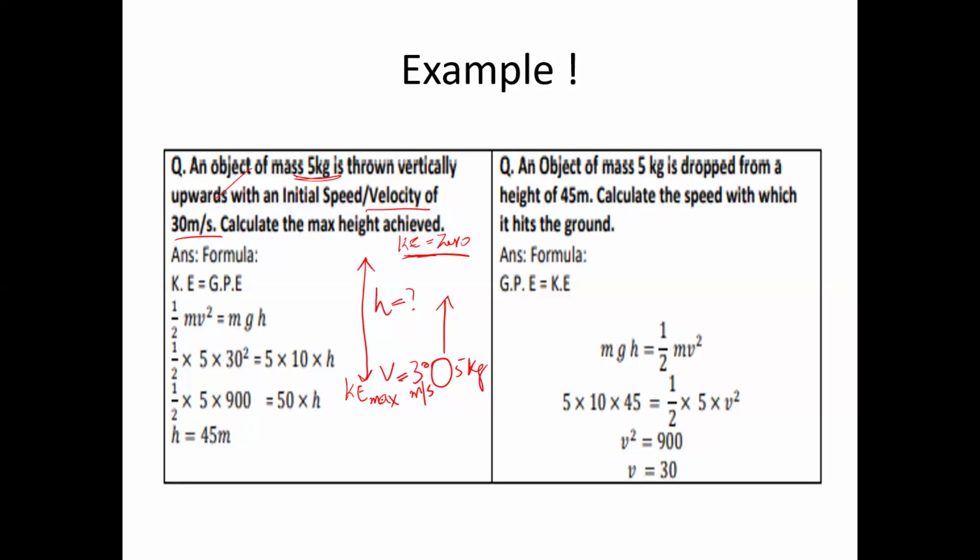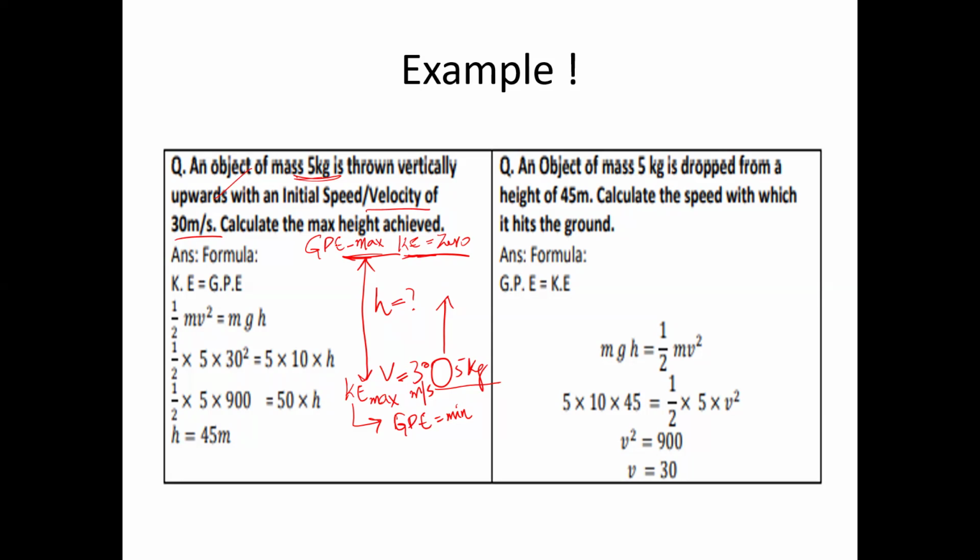And when the kinetic energy was maximum and it was near the ground, or near the reference point from where it was thrown, at this point the gravitational potential energy will be minimum. And as it reaches the maximum height, the gravitational potential energy is going to be maximum, right? There is no inclusion of air resistance or any resistive forces mentioned.